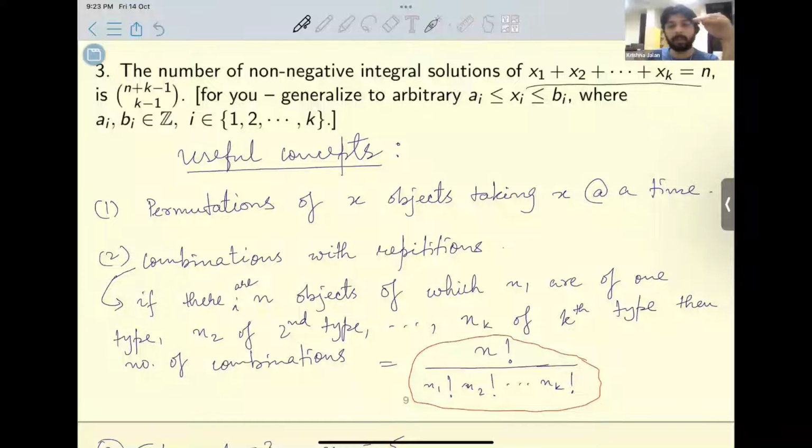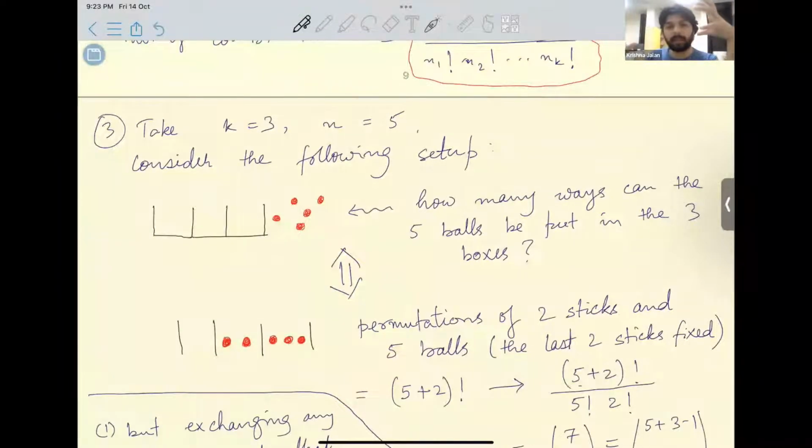Now I'm trying to make selections which are allowed to repeat. So I'll set this in the context of a problem which is given by this. You want to find all the non-negative integer solutions to this equation, x1 plus x2 up to xk is equal to n. Okay. So you can think of it in the sense that there are some, let's take a simple case.